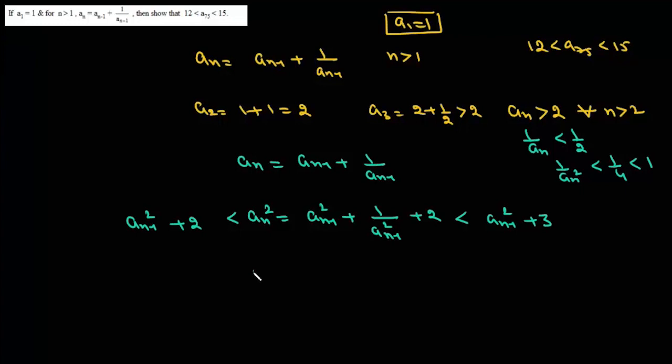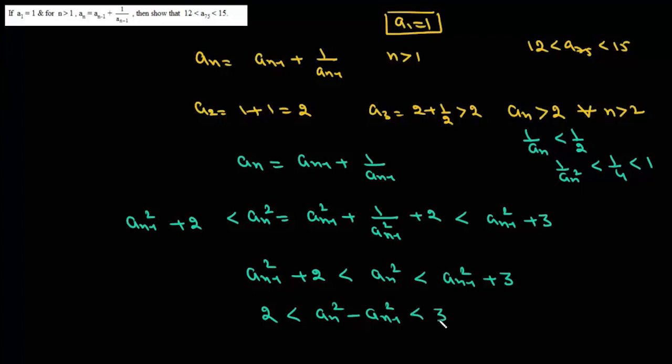So from here we can write an minus 1 square plus 2 will be less than an square, and will be less than an minus 1 square plus 3. Now we can also write this as 2 is less than an square minus an minus 1 square, and will be less than 3. So we have this relationship that the difference of squares of any two successive terms of the sequence will lie between 2 and 3.